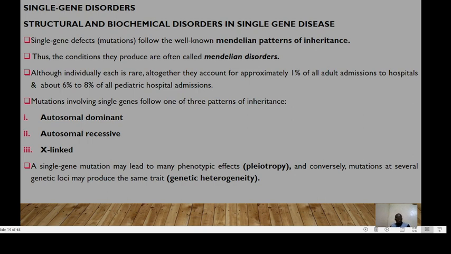Remember, a single gene mutation may lead to many phenotypic effects, which we refer to as pleiotropy, and conversely, mutations at several genetic loci may produce the same trait, that is genetic heterogeneity.